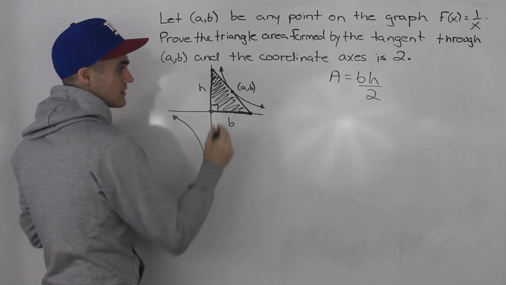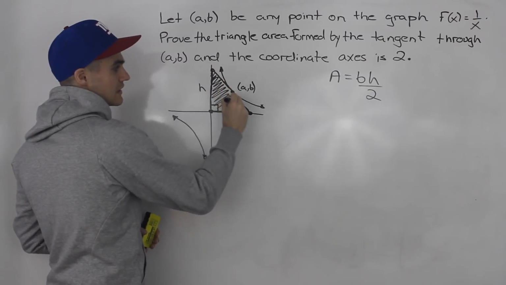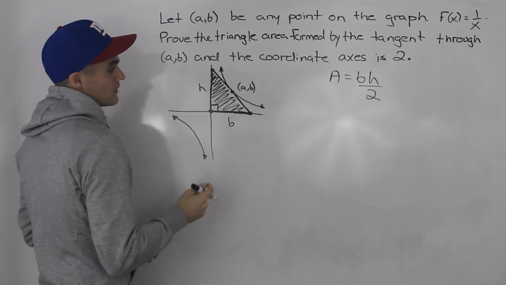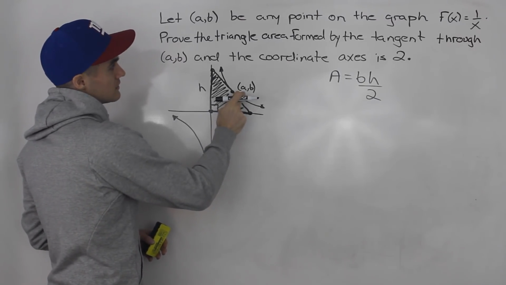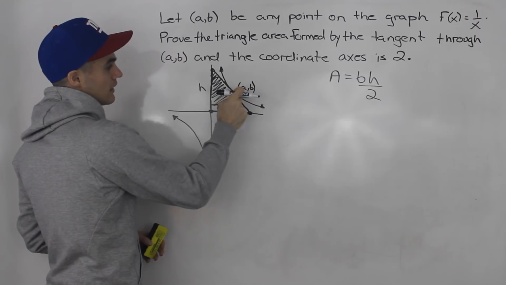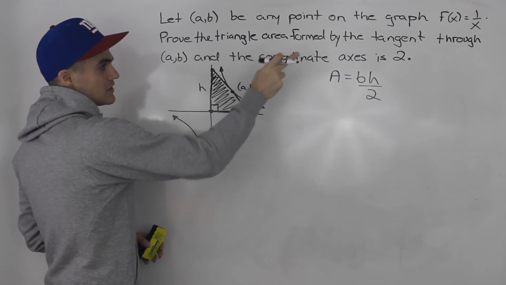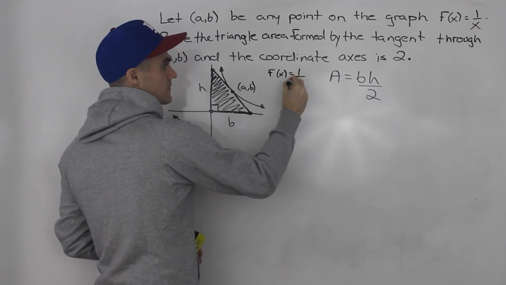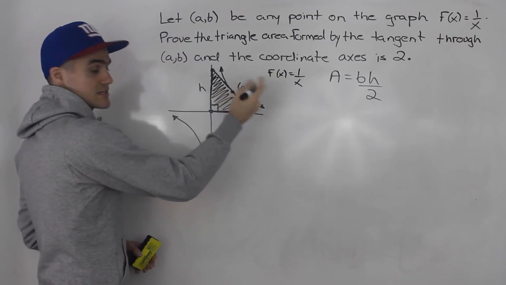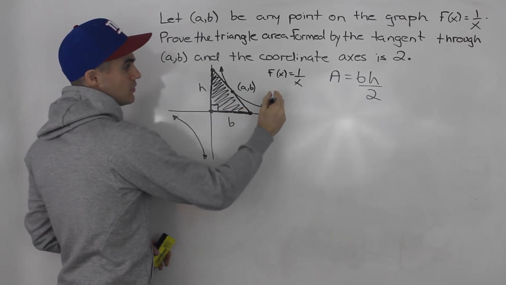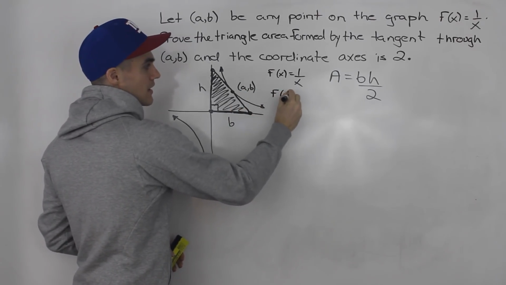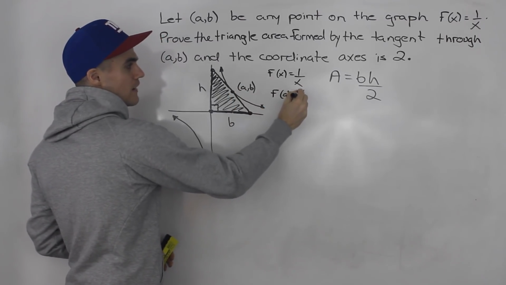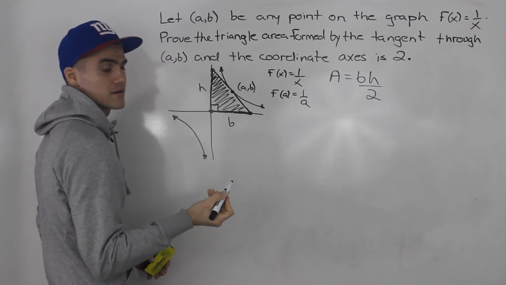And the way we can do that is we can just figure out what the equation of this tangent line is going to be. So how can we do that? Well, first off, notice that they mentioned that the point is a and b, but because we have a defined function, 1 over x, and this point a and b is on 1 over x, then instead of putting b, notice how we can make the y value in terms of a as well, because at an x value of a, the y value is going to be 1 over a.